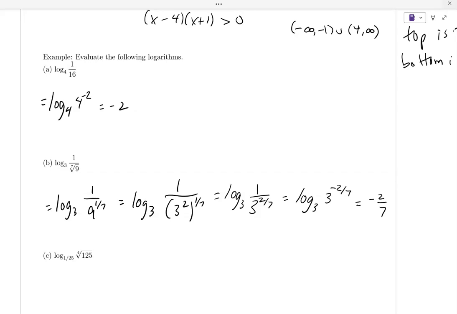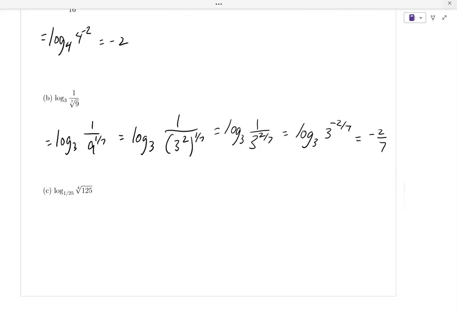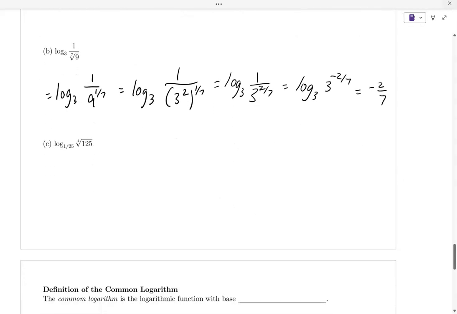Is that okay so far? We're going to do more practice with these on the next page too, but is that okay so far? Okay. Now, sometimes it's a little hard to see how to write the input as a power of the base. Sometimes it's a little difficult, okay? In particular, 125 is a little bit harder to see what power you might need.